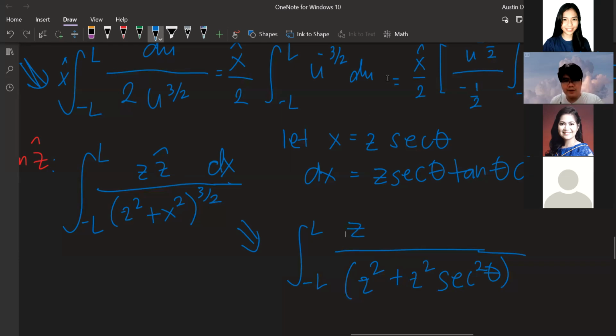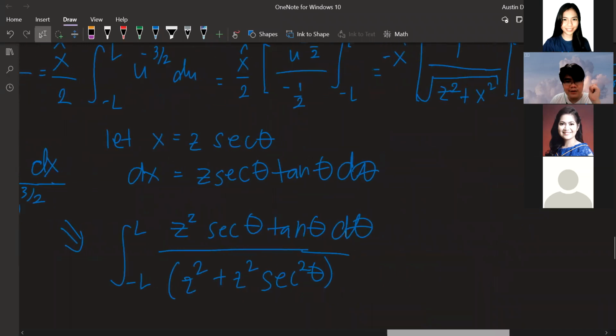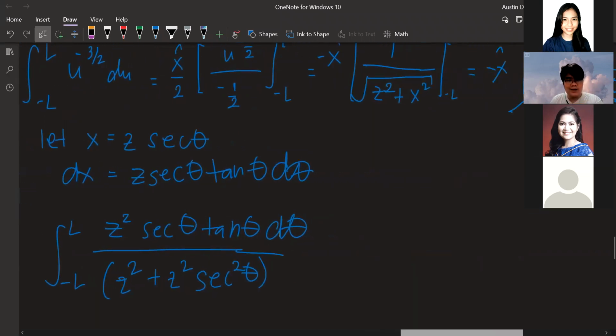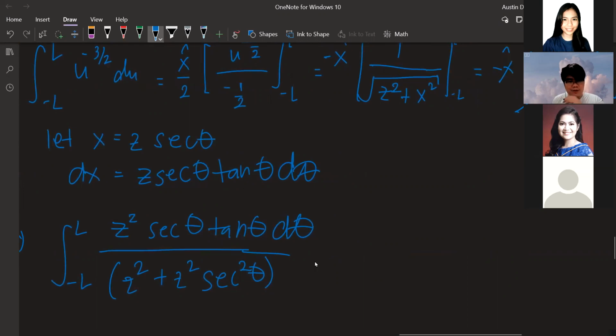And then yung dx mo will be z squared secant theta tangent theta d theta. So, don't be limited na pag tingin nyo it will work. Just try it out.